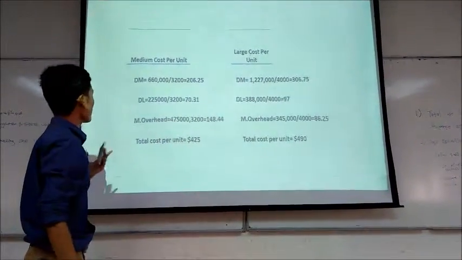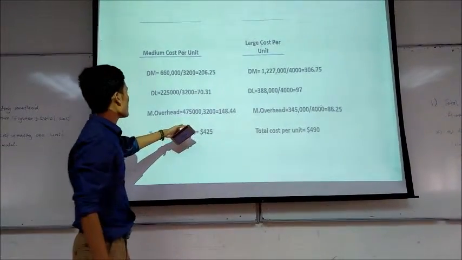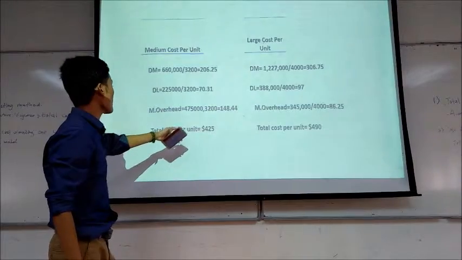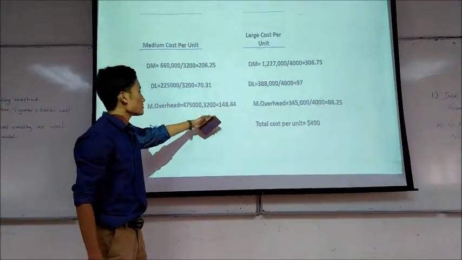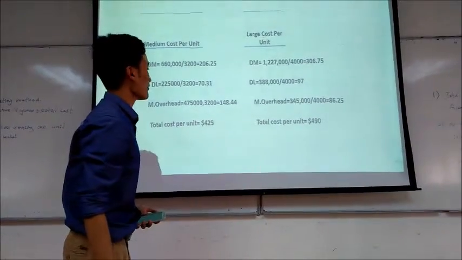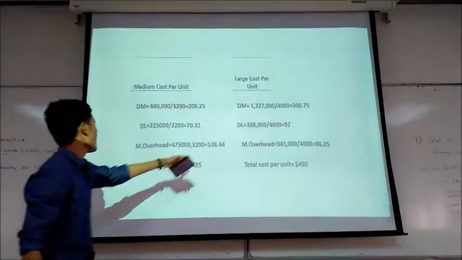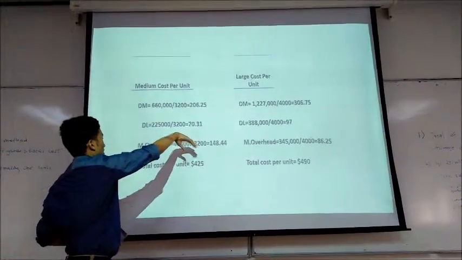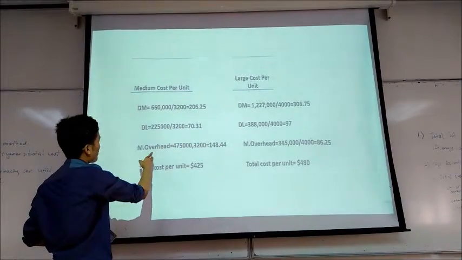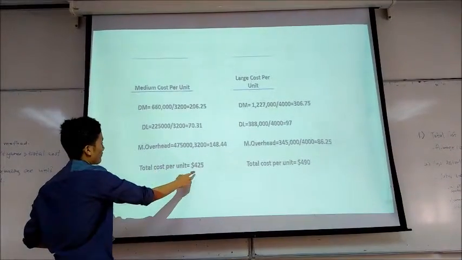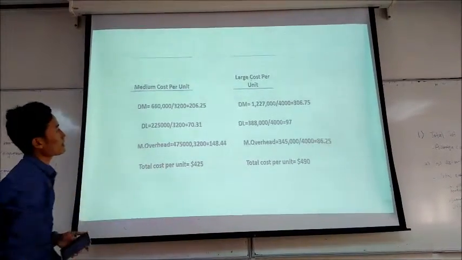For the manufacturing overhead, you have to divide 475,000 by 3,200 for the volume, and then you get 148.44. Then you total up all this DM, DL, and manufacturing overhead per unit, and then you get $425 for the medium TV.